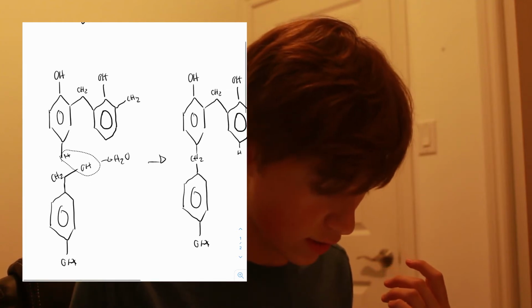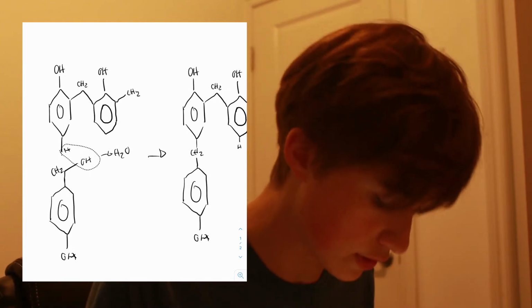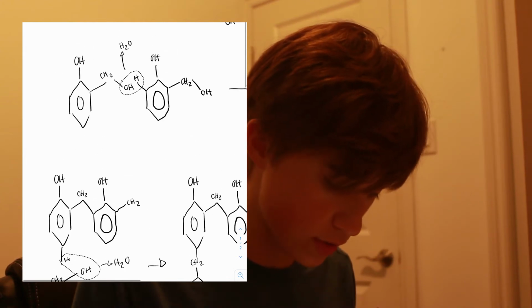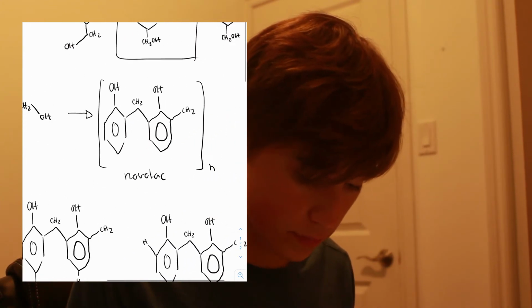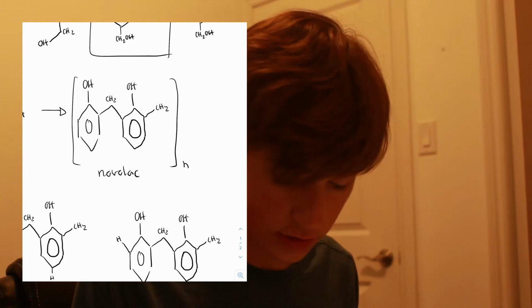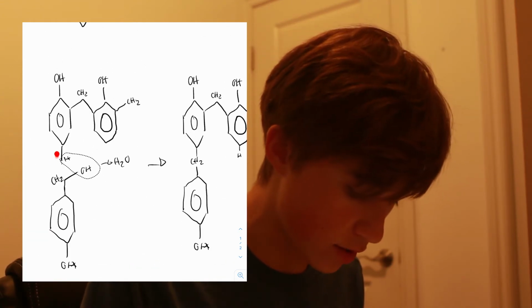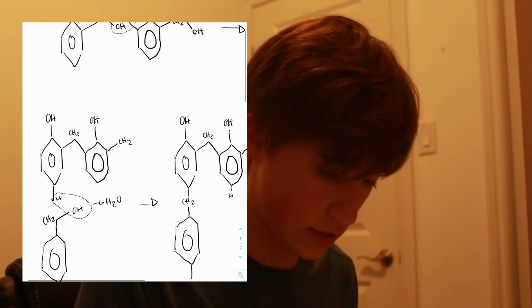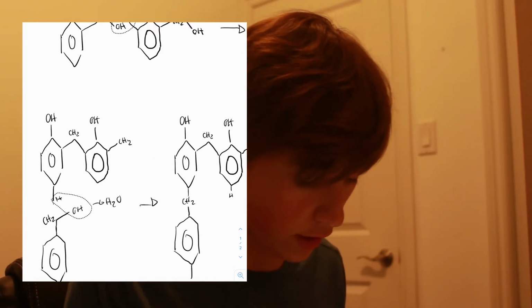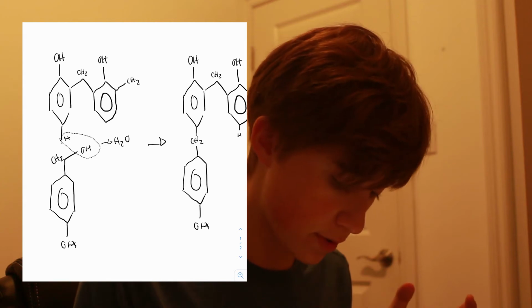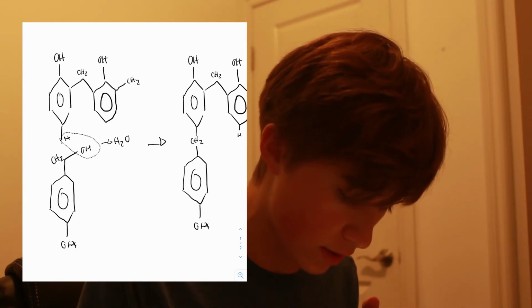So here is the actual composition of it. From here we see that it's only linear, and it would turn into a chain, right? But here we see it attaches to the bottom of that chain that was originally the Novolac. And the same things happen. You have water that comes out right here.